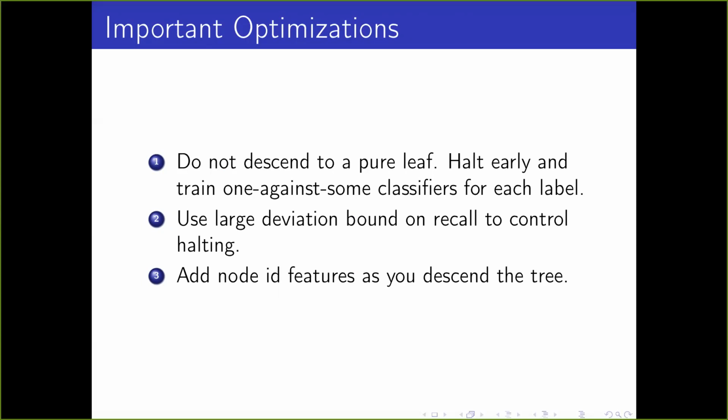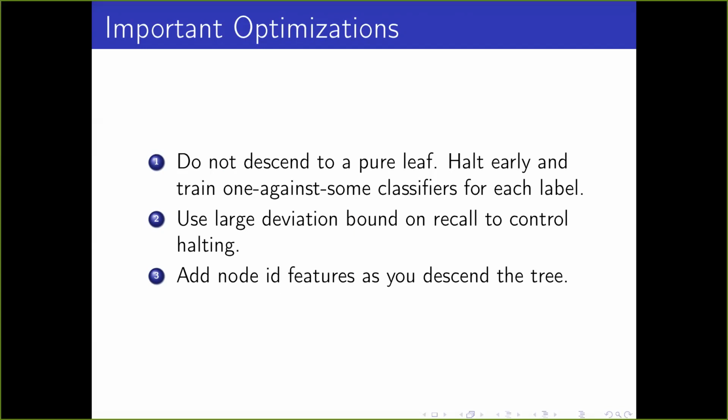So what we're going to do is train a separate set of one against some classifiers. When you're training one against all, you train that one class against an imposter set, which is all possibilities other than that class. When you train one against some, you're training that one class versus the other labels in a leaf.